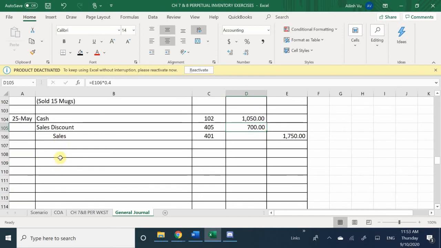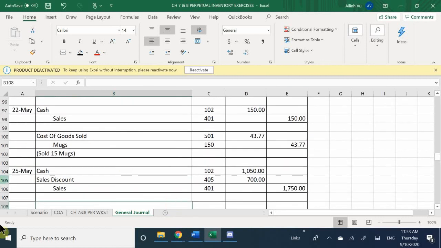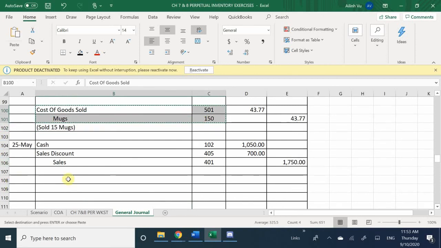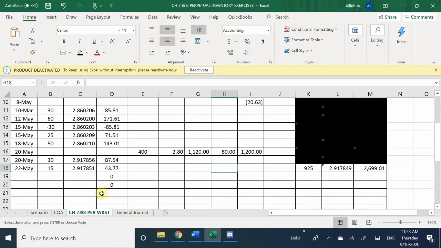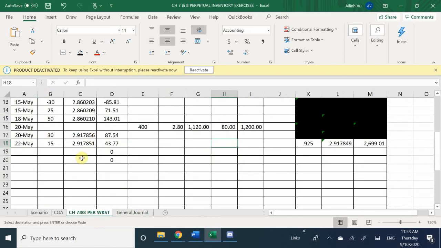All right. What else do I need to include? Cost of goods sold and my mugs. All right, so copy this and I'm going to bring it here. So let's go to my window here. And does a sales discount affect my inventory? No, because that was just a discounted price off the profit I'm making.